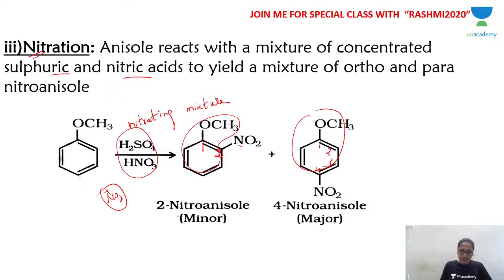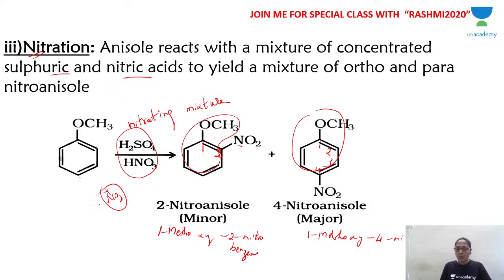Or you can also write 2 nitroanisole as 1 methoxy 2 nitrobenzene, or 1 methoxy 4 nitrobenzene. This is also the IUPAC name.